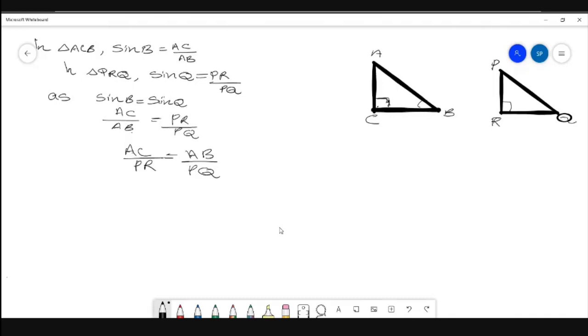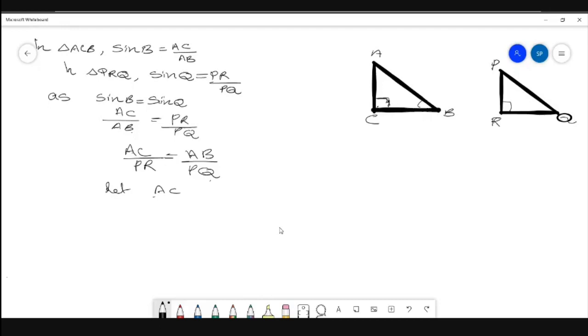So AC by PR equal to AB by PQ. If it is again equal to BC by QR, we can say they are similar. So if the triangles are similar, we can say their corresponding angles are equal. Then we can say B equal to Q. So our aim must be to find what BC by QR is.